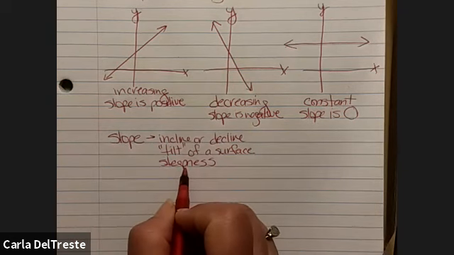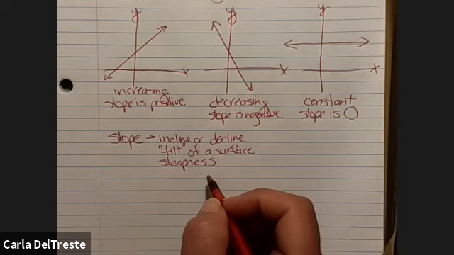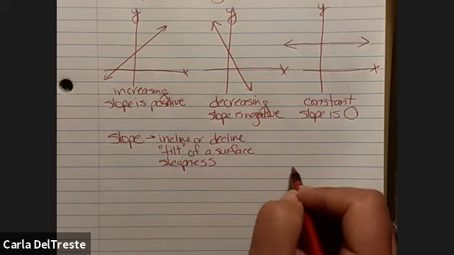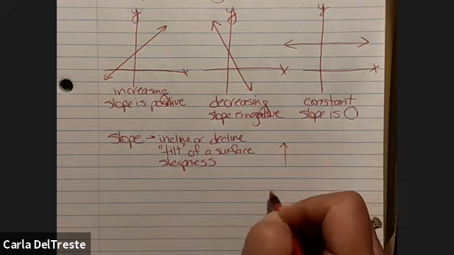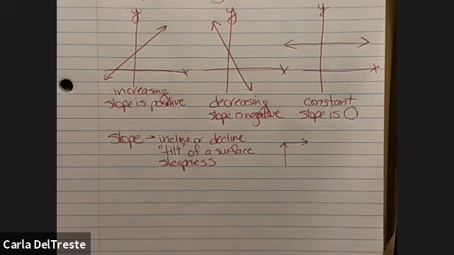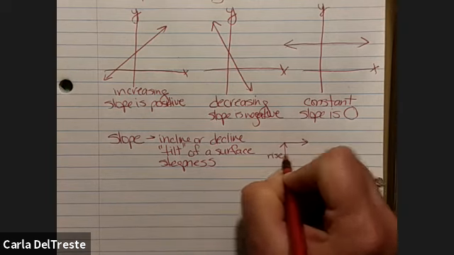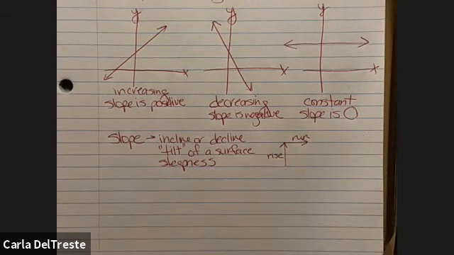In order to determine how steep something is, what does that depend on? Think about climbing a set of stairs. The height is important for a set of stairs, and also how deep the stairs are. And we're talking about rise and run.